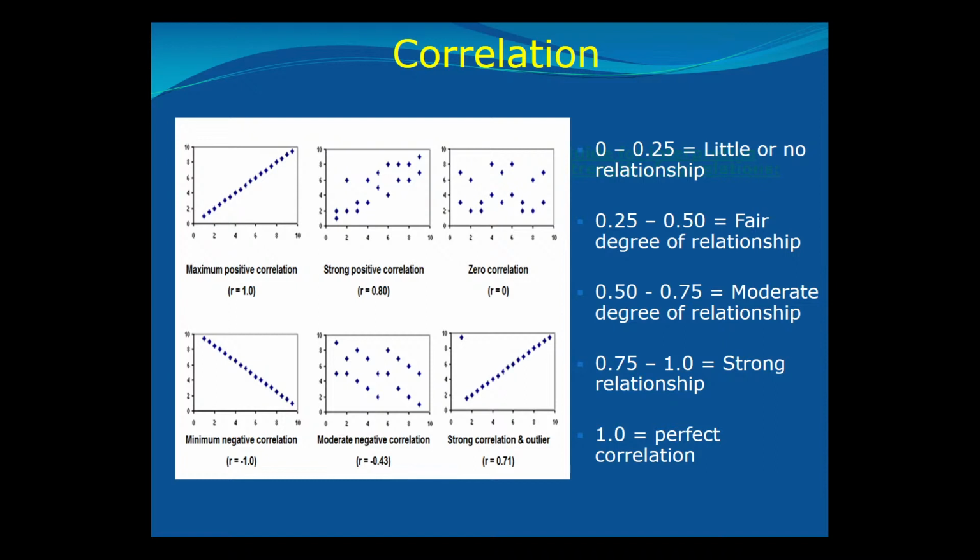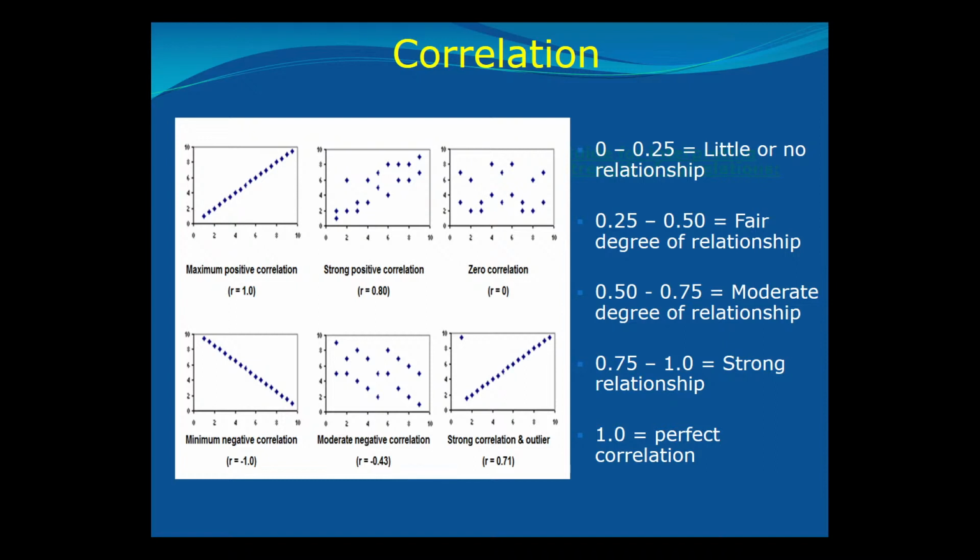Look at the top right graph. Zero correlation, or lack of correlation, R equals 0. All points from our data set are scattered. In the bottom line of graphs, in the middle, we have moderate negative correlation.